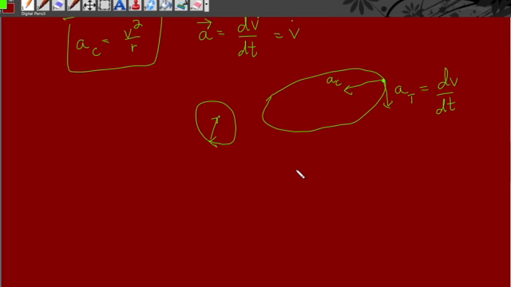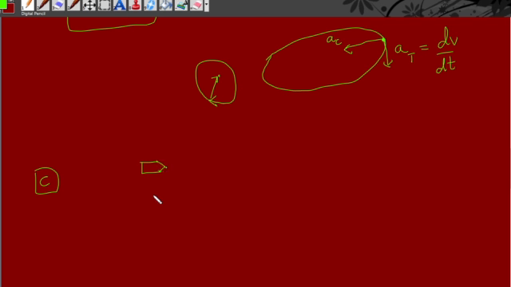The reason for that is, if we look at the two bullets, the fired bullet and the dropped bullet, since we want to know when they hit the ground, we don't really care about the horizontal motion. It doesn't matter that the bullet's fired, because it's still going to be accelerating downwards at g.